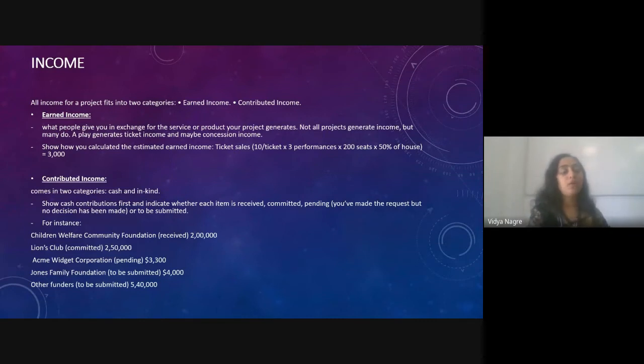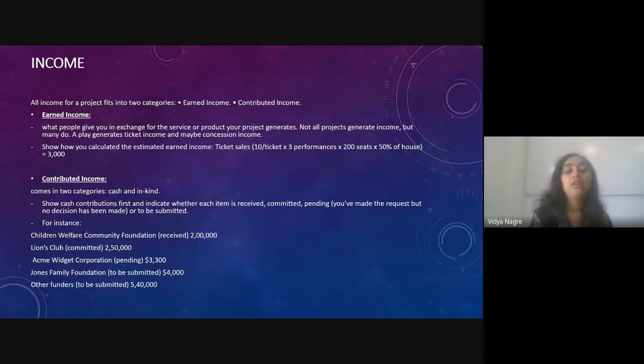All income for a project fits into two categories: earned income and contributed income. Earned income, for example, is from certain services or products that you may produce out of your project, and you will get money in exchange for that product.